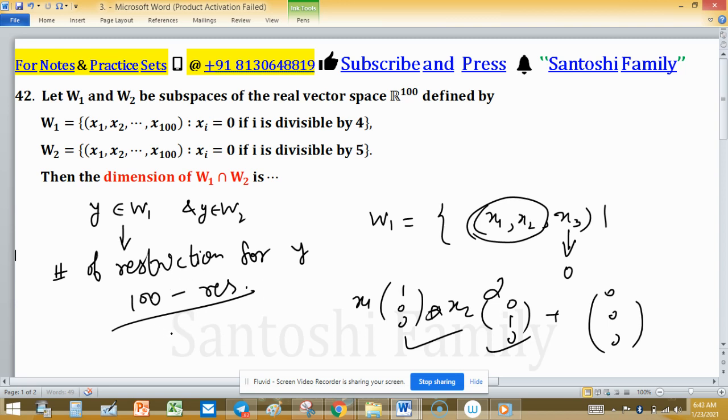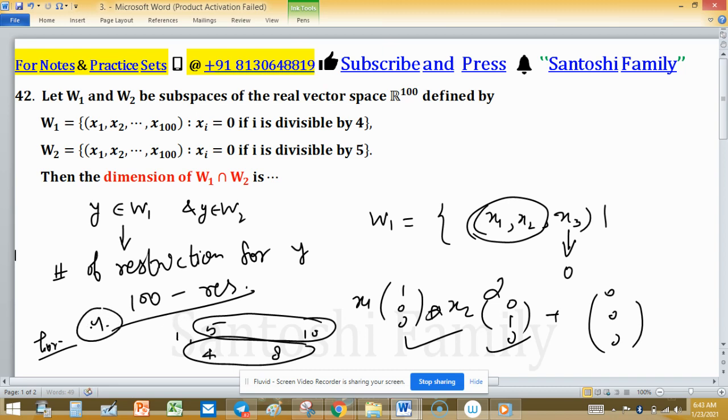If i is running from 1 to 10, up to 10, i divisible by 4 gives 4 and 8. And if i is divisible by 5, then 5 and 10 are two numbers. So the total number of restrictions up to 10 is 4.